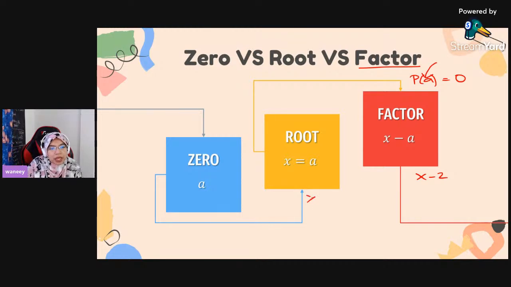Meanwhile, the root will be x equal to 2. The zero will simply be the number, which is 2. So let's say they give us the zero is negative 1. Then that means in the root, x will be equal to negative 1. For the factor, it will become x plus 1.